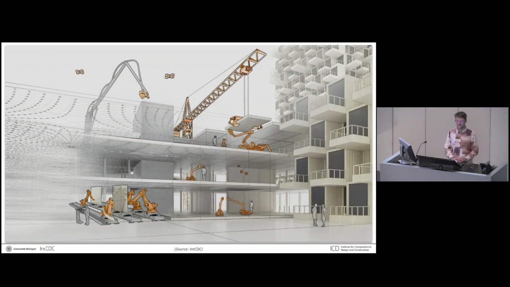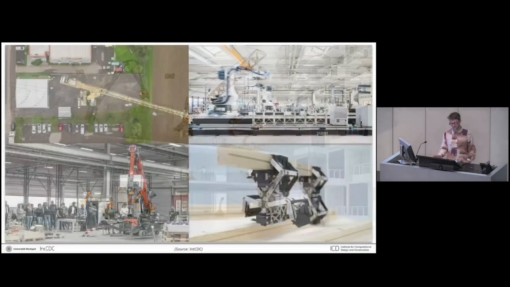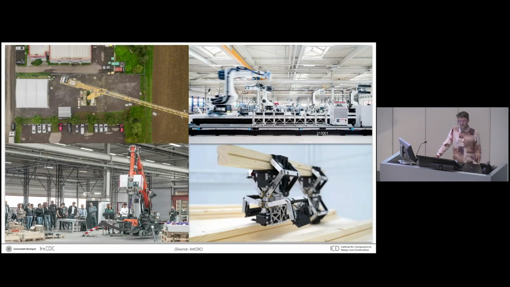So to wrap up, and zooming a little bit back out, collective robotic construction is one of the many approaches to construction automation. Each approach provides a unique opportunity for the creation of safer, more efficient, and sustainable construction.